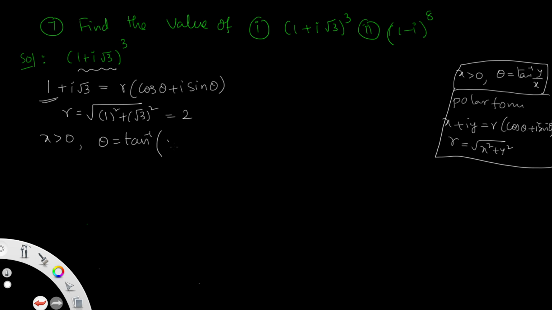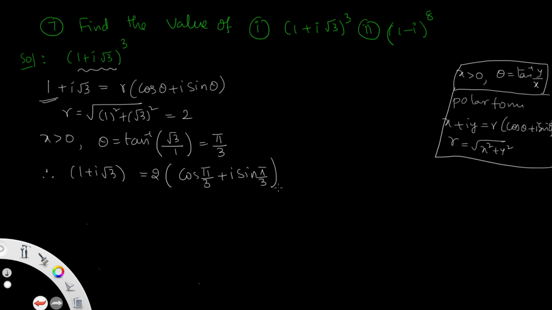Tan inverse of root 3 by 1 gives the value pi by 3. Therefore 1 plus i root 3 can be written in modulus amplitude form as 2 into (cos pi by 3 plus i sin pi by 3). This is the polar form of the given complex number 1 plus i root 3.